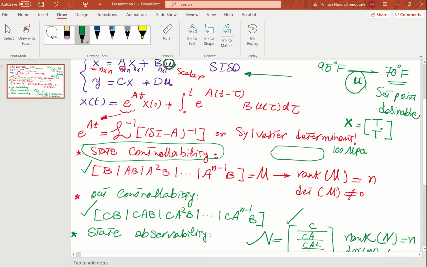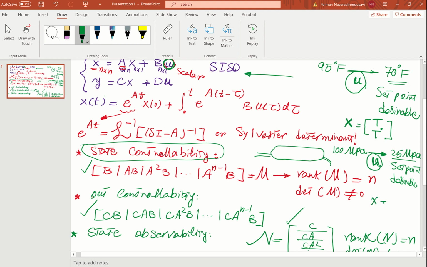But you want to bring it down, by some pumps and pipes and whatever, to 25 megapascal, like the air. So this is your set point. This is the desirable set point. So you need a controller U that you'll learn here how to design to do that.